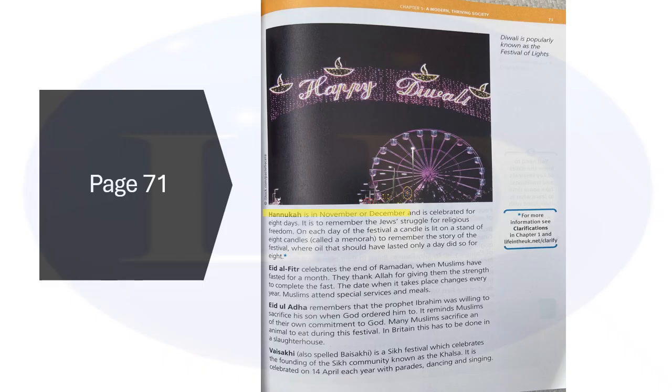Sometimes the question is, for example, Hanukkah is celebrated in October and November, is it true or false? Half of this is true, but obviously this option would be false. It's celebrated for 8 days. It is to remember the Jews' struggle for religious freedom. So this is a Jewish festival, and it is for 8 days, and it is celebrated in November and December.